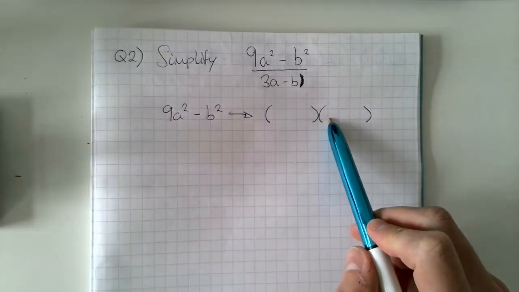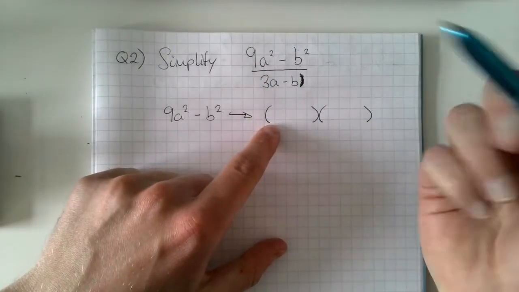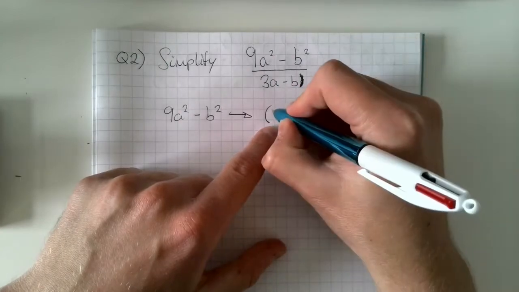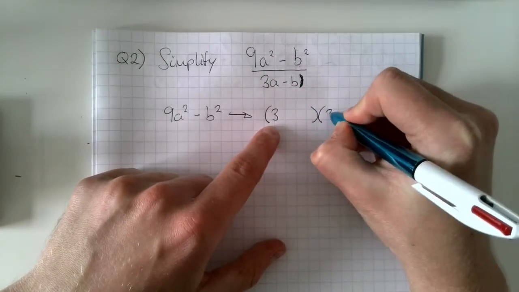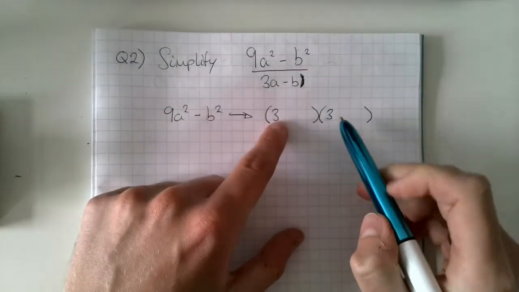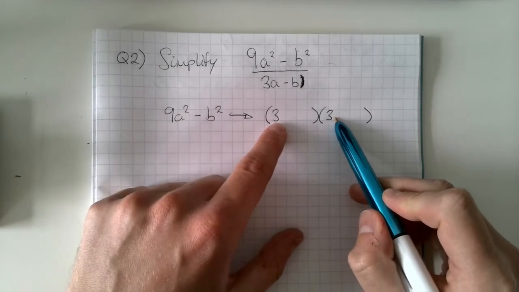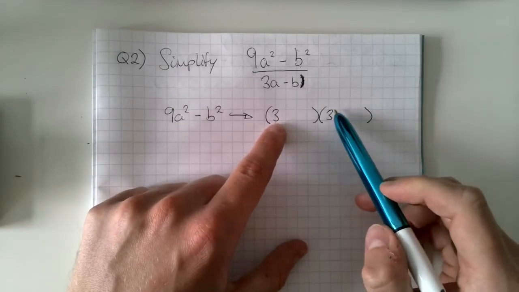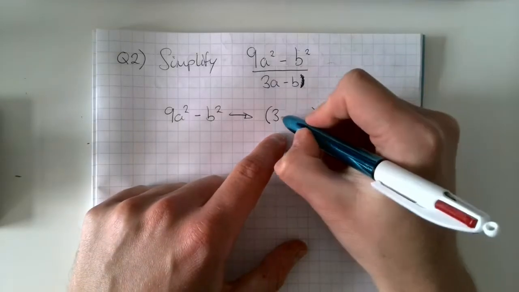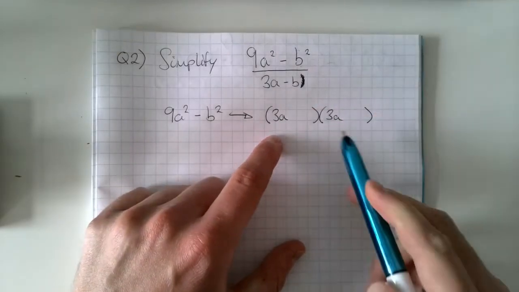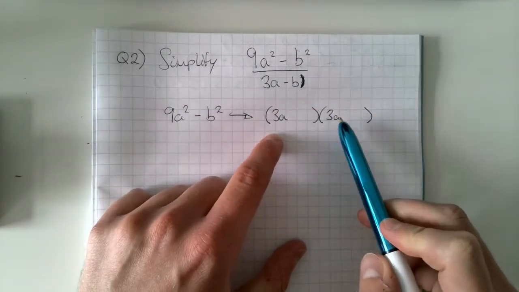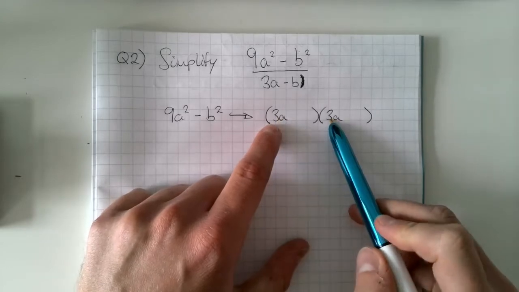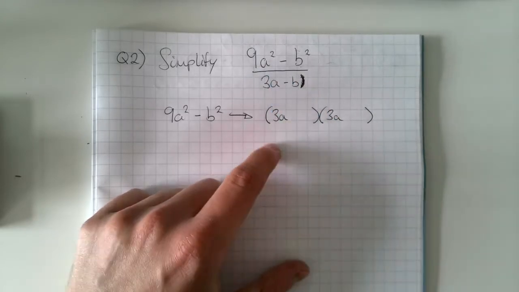So what 2 numbers multiply to make 9? Well, 3 and 3. And what 2 letters multiply to make a squared? Well, I need 1a here and 1a in this bracket. So when I do 3a times 3a, I'm going to get 9a squared.